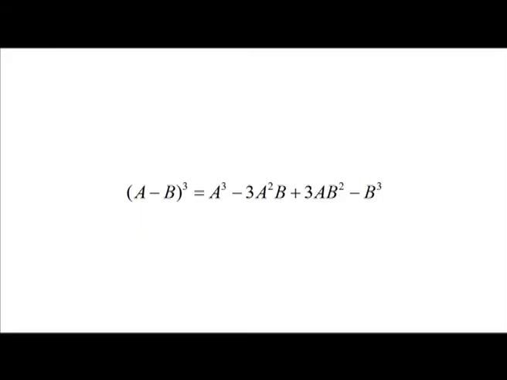Using the algebraic identity (a − b)³ = a³ − 3a²b + 3ab² − b³, the above gives X − Y = −a (sin θ − cos θ)³.